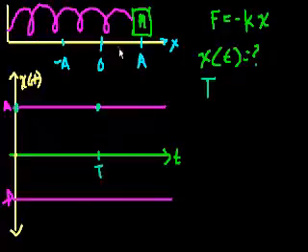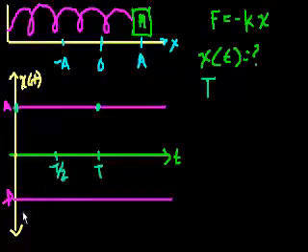I'm just trying to graph some points that I know of this function and see if I can get some intuition of what this function might be analytically. So if it takes T seconds to go there and back, it takes T over 2 seconds to get here. The same amount of time it takes to get here is also the same amount of time it takes to get back. So at T over 2, what's going to be the x position?